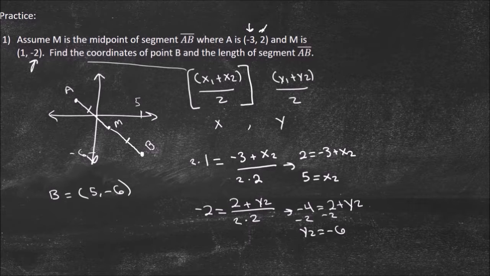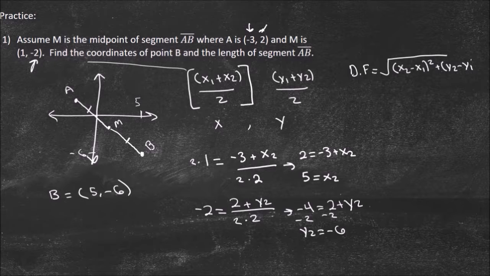Well, if I'm finding the length of the segment, I know that I have to use my distance formula. So the distance formula says, well, x2 minus x1 squared plus y2 minus y1 squared. Hopefully you're getting the hang of this. And then now I'm just going to plug in my points. Square root.